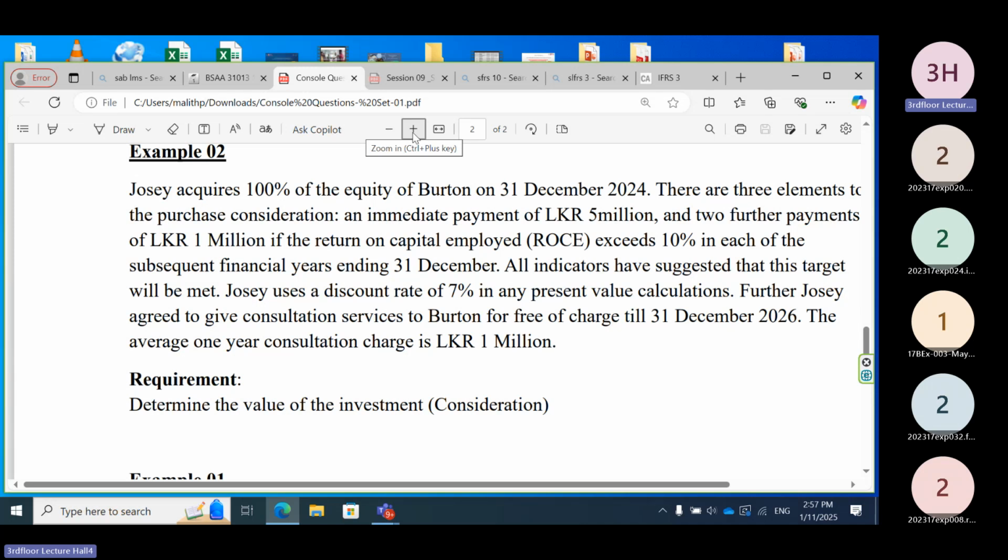Yes, so there we have to decide the consideration, right? To acquire 80%, these are the things we are giving. Here is the acquired 100% from 80%. To acquire 100%, what we are giving? We can give directly cash. Other than that, we have several payments. What are they? There are 3 elements. It should be 4 elements.